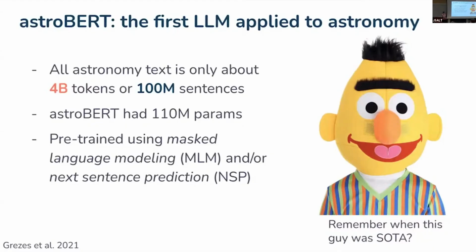These were more common in the era of training BERT-like models. The NASA ADS team grabbed all of the astronomy text out there, which is only about 4 billion tokens or 100 million sentences, depending on how you chunk it up. AstroBERT has of order 100 million parameters, and they were able to fine-tune this model.